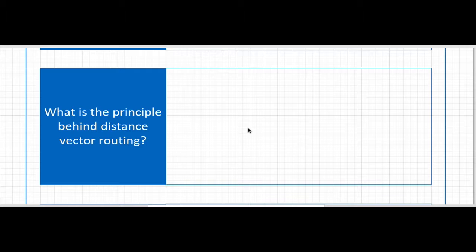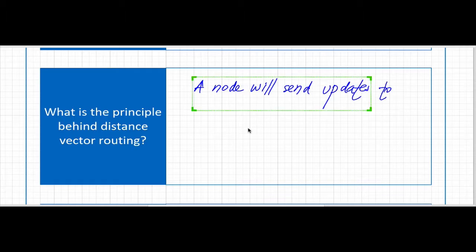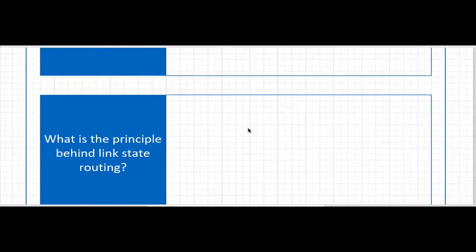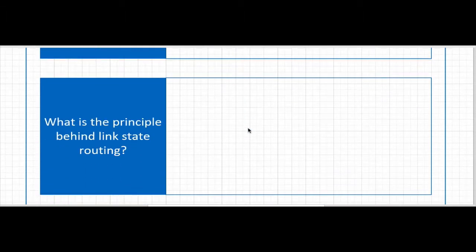When you think about distance vector, the principle behind distance vector is that any node will send these routing updates to its neighbors. And before we continue with this part, let's write down what happens with link state routing.